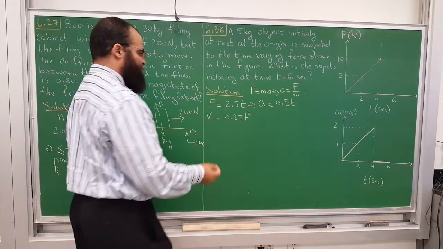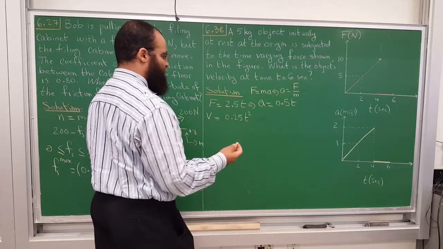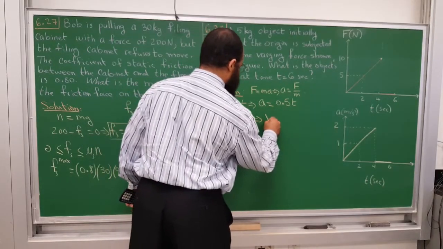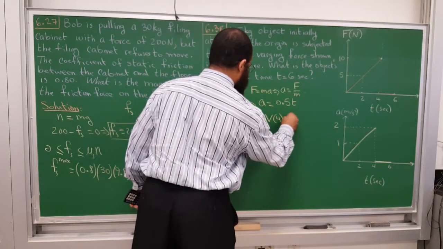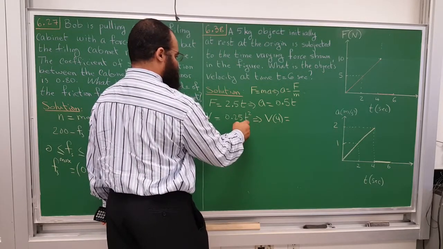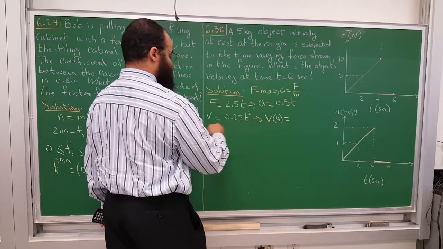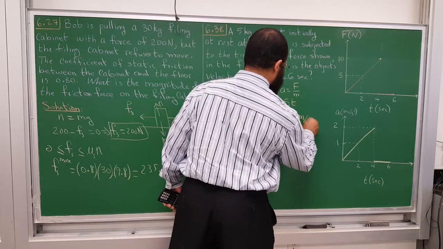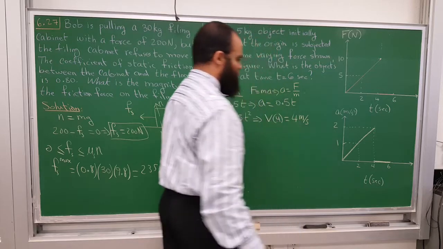And so what's the velocity at t equal to 4 seconds? Well, you substitute 4 here. 4 squared is 16, and 16 times 0.25 is 4. So you get 4 meters per second. That's the velocity at t equal to 4 seconds.